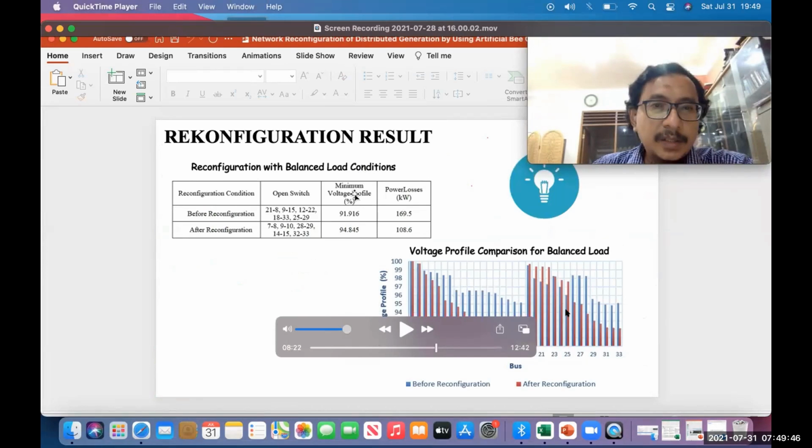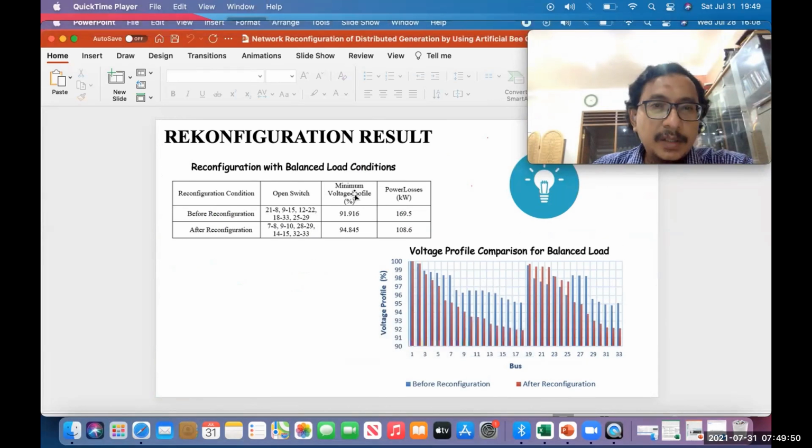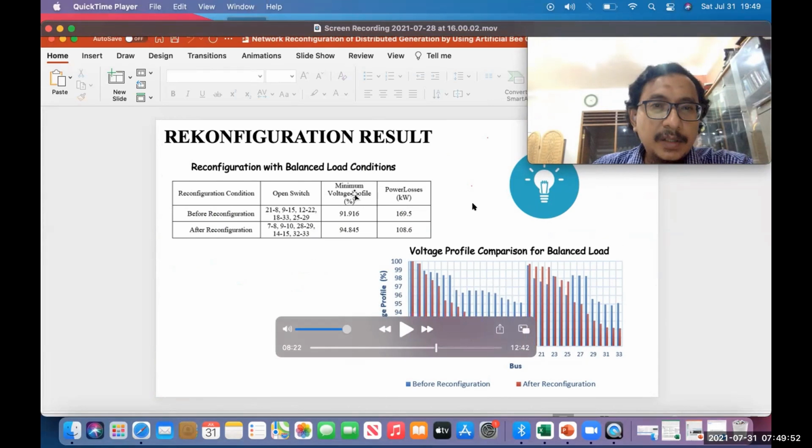So this is before, and you can just pause here. I see there are 33 buses over there. How do you tell if it is balanced or unbalanced?